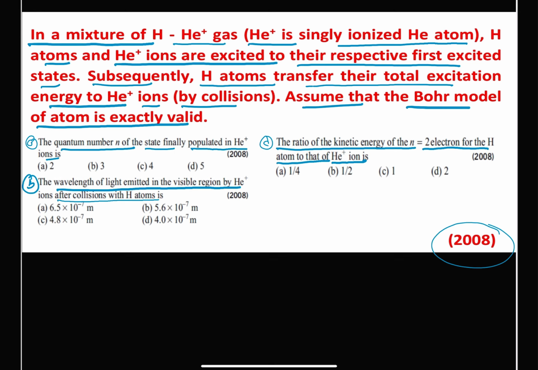So in this case, we are given that whenever there is a collision between H atoms and He positive ions, the total energy is being transferred. This is the main consideration here.